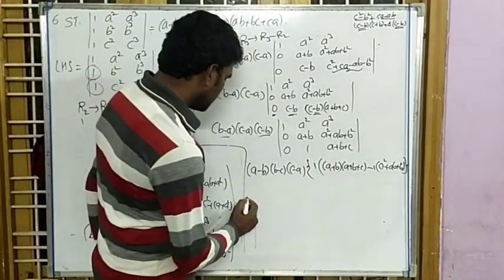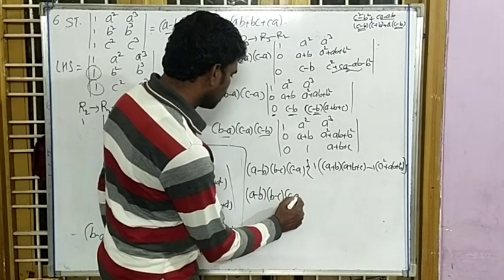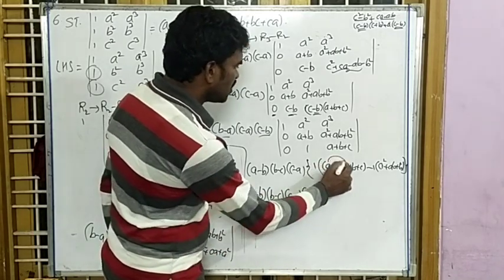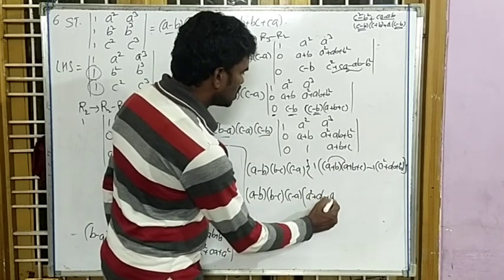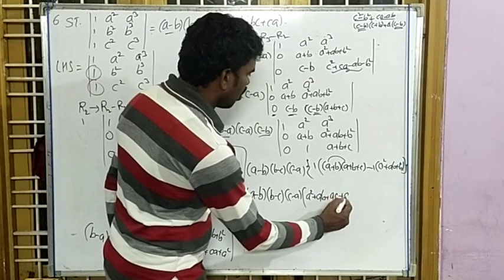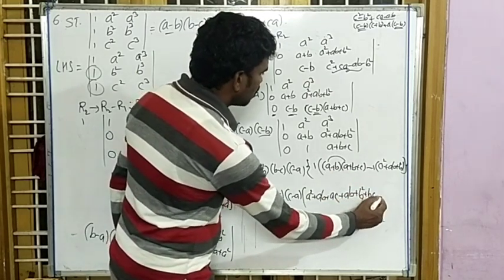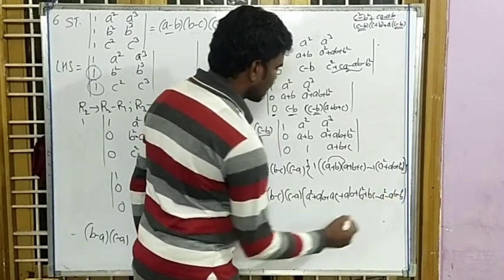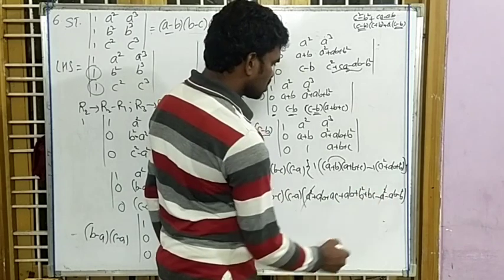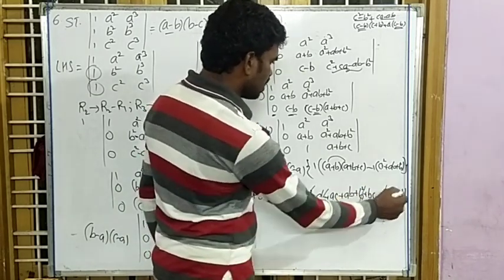Okay, so continuation, a minus b into b minus c into c minus a into, see, a into a square, a into b ab, a into c ac, next b into a ba or ab, b into b b square, b into c bc, minus 1 into a square minus ab minus b square, which are cancelled, plus a square minus a square cancel, plus ab minus ab cancel, plus b square minus b square cancel.